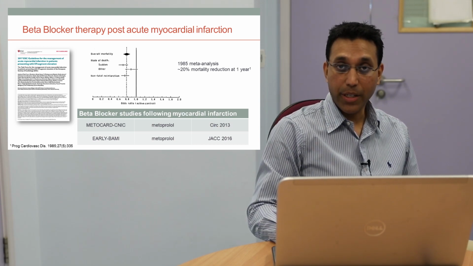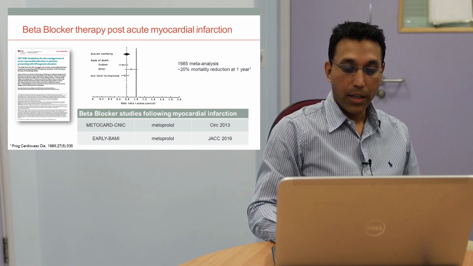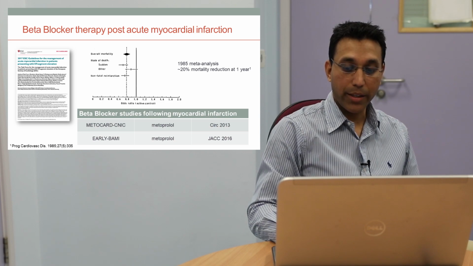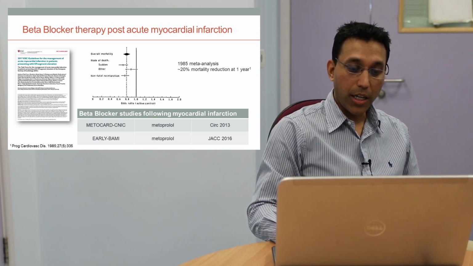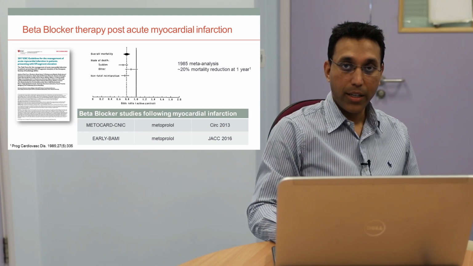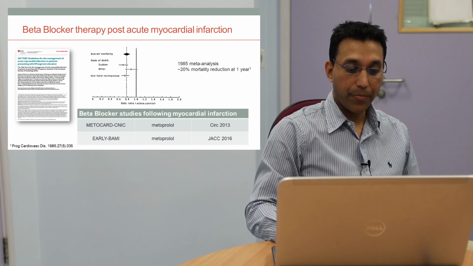This involved a very early administration of IV metoprolol followed by oral metoprolol at a time of diagnosis in patients with anterior STEMI. And this was associated with firstly a reduction in infarct size measured by cardiac MRI at 1 week, and secondly by a higher left ventricular ejection fraction at 6 months, again measured by cardiac MRI.